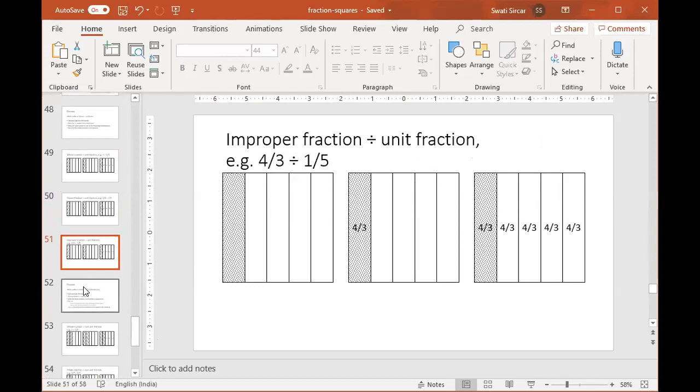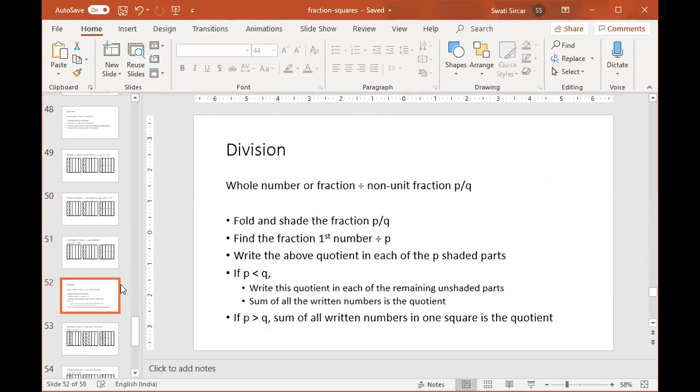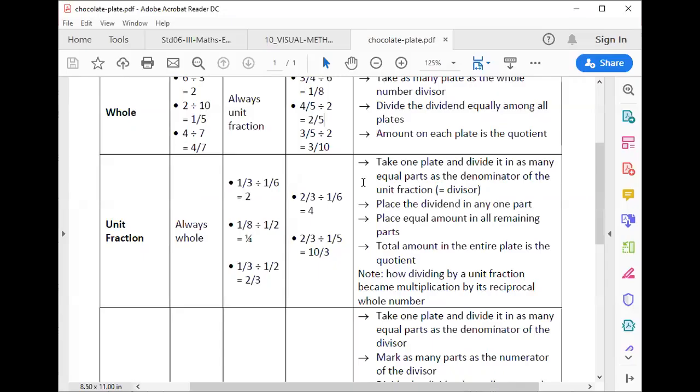So this part is not so difficult, but it really brings out that flip thing. Now if you divide a whole number by a unit fraction, you will always get a whole number. And the different cases are illustrated here.